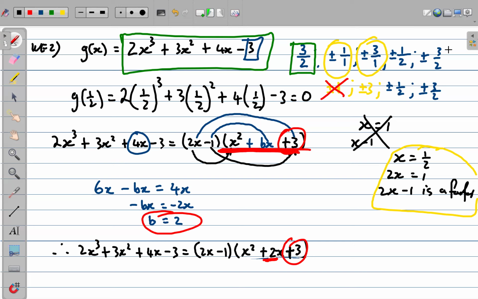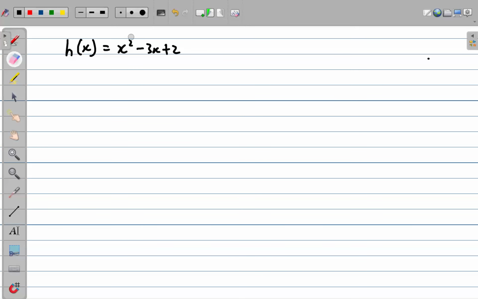The last one is going to be, let's take this one: h of x equals x squared minus 3x plus 2. And what I notice here is that it's not x squared, sorry. This one you can do by the quadratic formula, so it must be an x cubed.